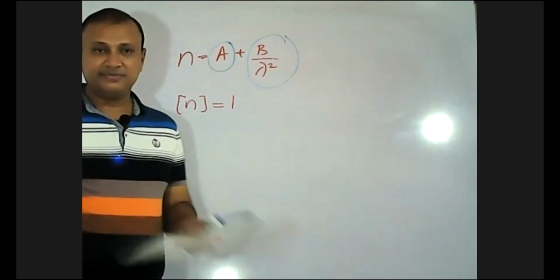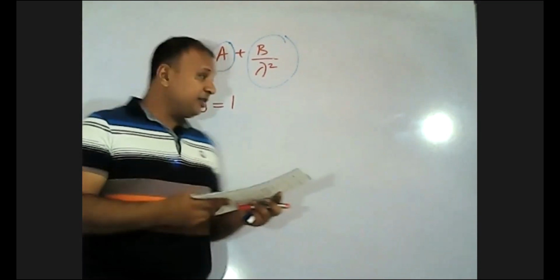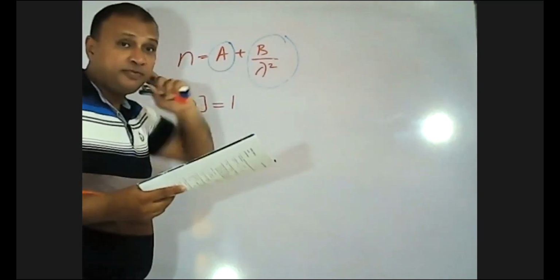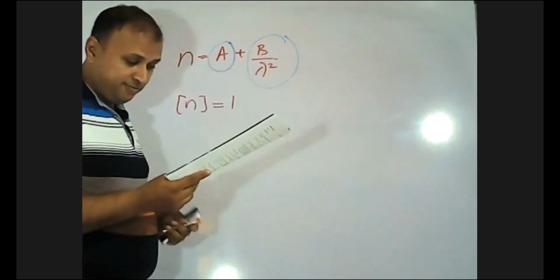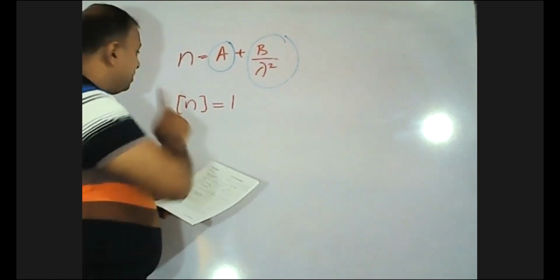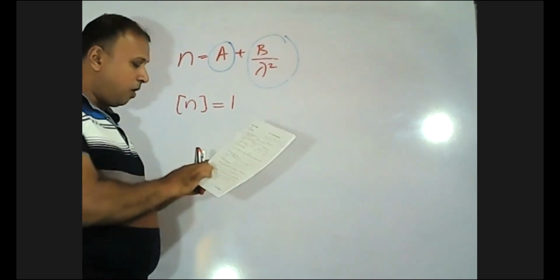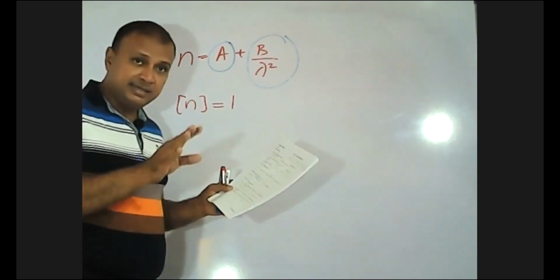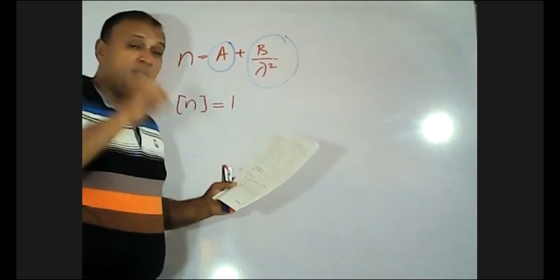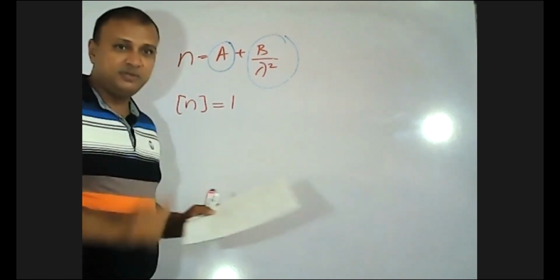If you can find the value of A, then it is not necessary to find the value of B, because there is only one answer with this value. That is answer number 4. In all the other answers, A has a dimension. There's only one answer where A doesn't have a dimension. That is answer number 4. Very good.